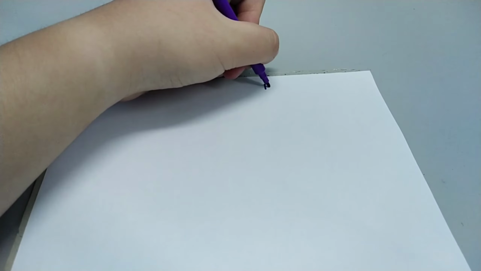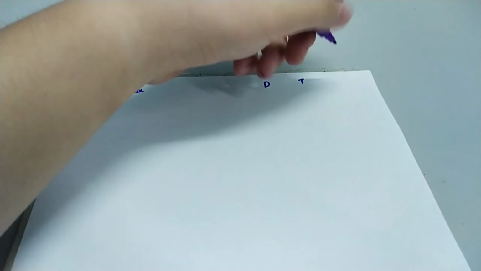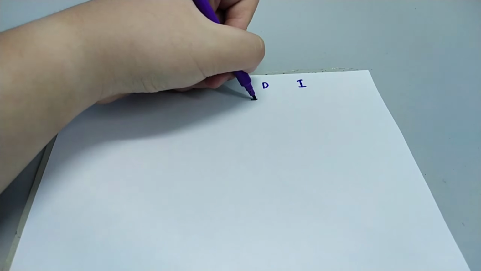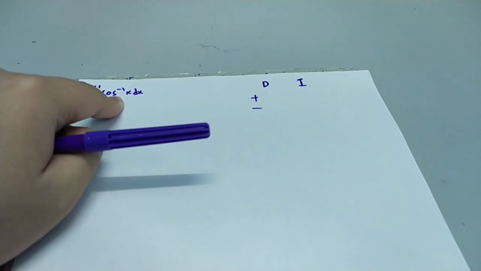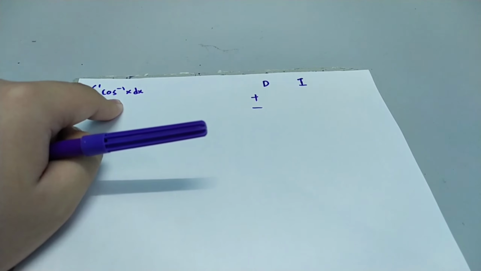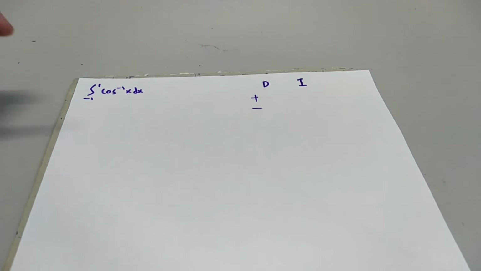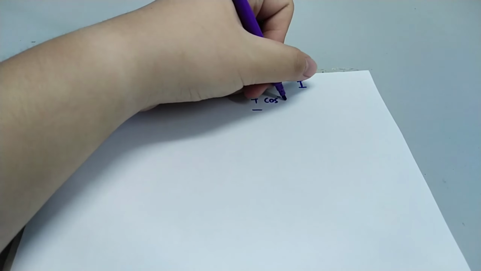So to use integration by parts, we have the differential column and integral column, and then I will have the plus and minus right here. Now, as I said just now, even though we cannot integrate inverse cosine of x itself, we can try to differentiate it. So we will have the inverse cosine of x right here.